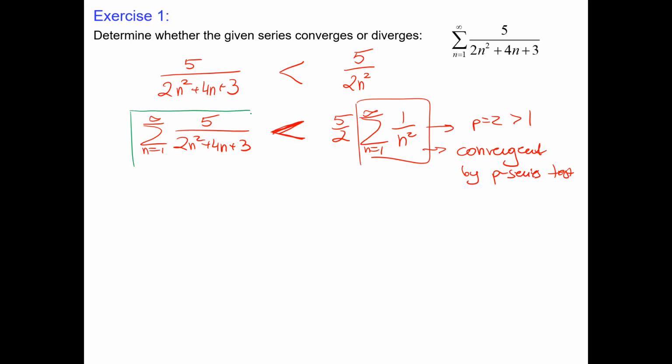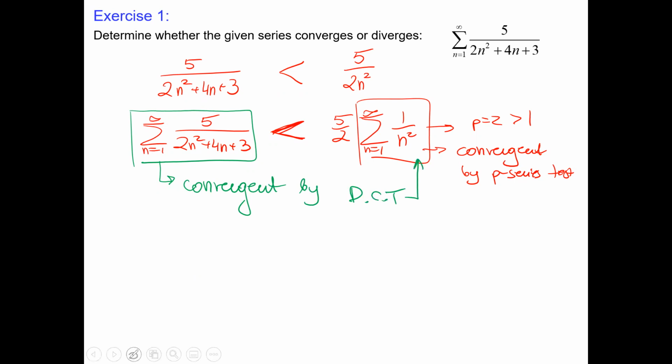It means our original formula is convergent by the direct comparison test. And we are directly comparing with, actually, I am supposed to say everything, because that 5 and 2 is also part of the relation: 5 over 2, and the main formula is 1 over n squared. But the comparison worked.